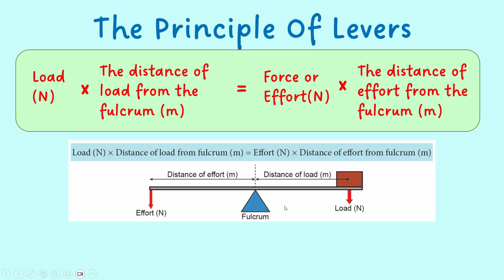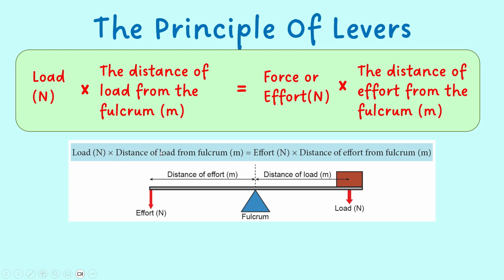In order to balance the piece of wood in a horizontal position, the clockwise moment of effort is the same as the anticlockwise moment of the load. Hence, we can use the formula here for lever calculations.